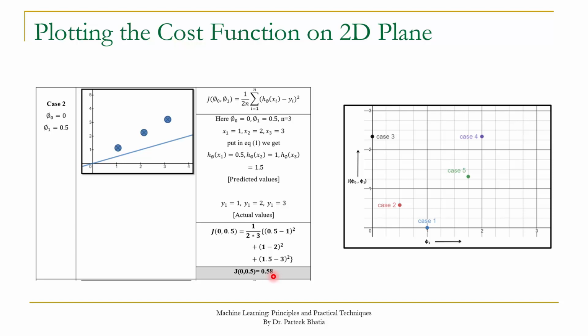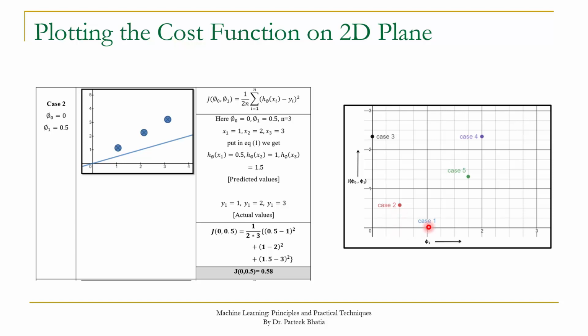Now let us draw this over this graph. So here phi naught is 0, phi 1 is 0.5. This is the 0.5 of phi 1 and the corresponding value of cost function is 0.58. So this data point indicates the value of cost function for the given value of phi 1, which is 0.5.